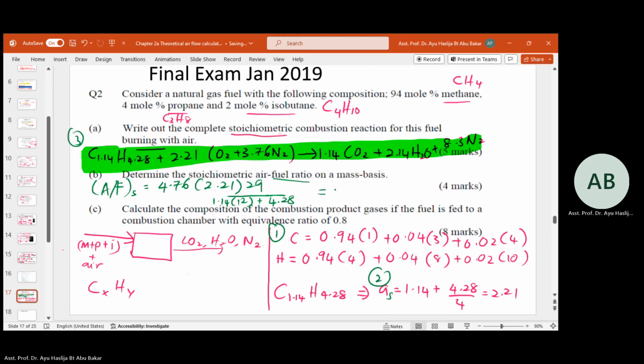The answer is 16.99 kg air over kg fuel.